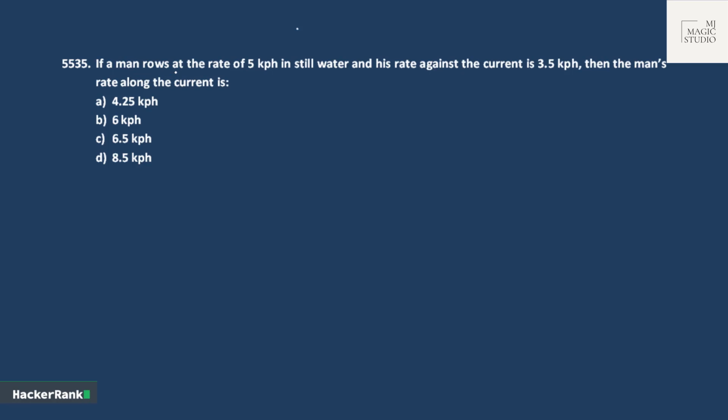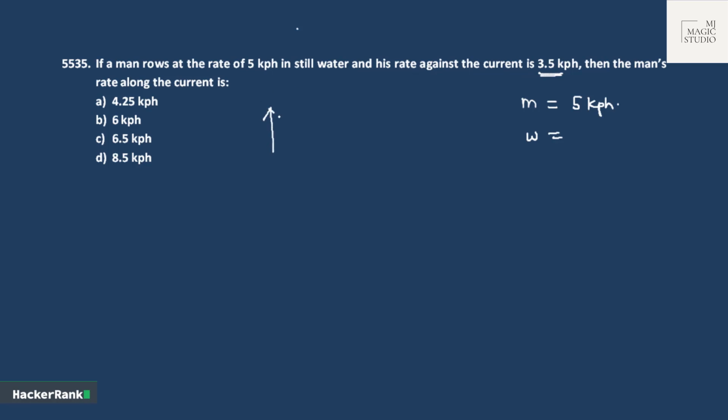If a man rows at a rate of 5 km per hour in still water, we use the nomenclature for that, that is m. M is speed of boat in still water, and W we will take for speed of current or speed of water. And his rate against the current is 3.5.